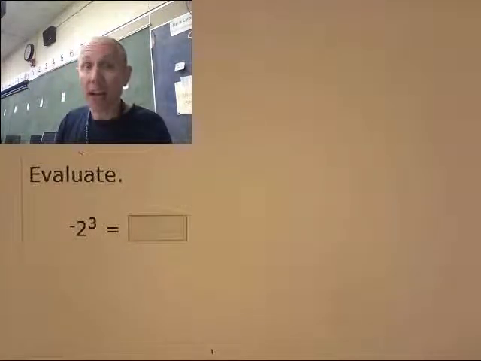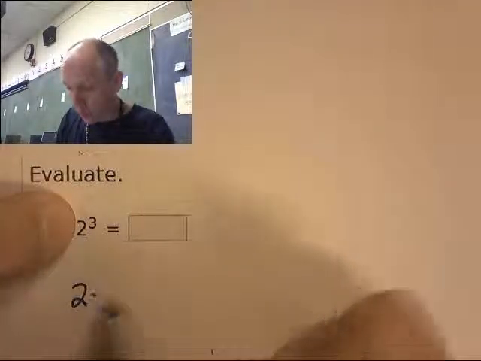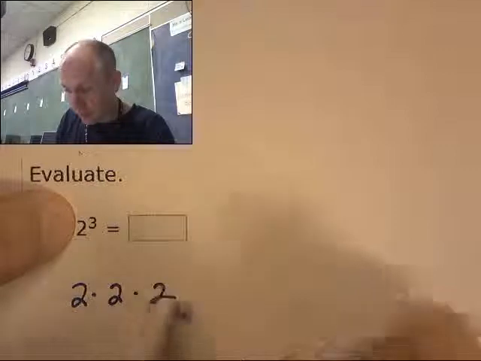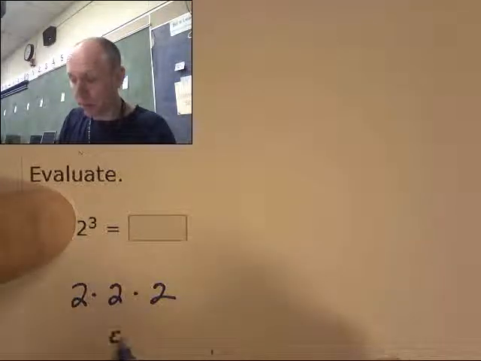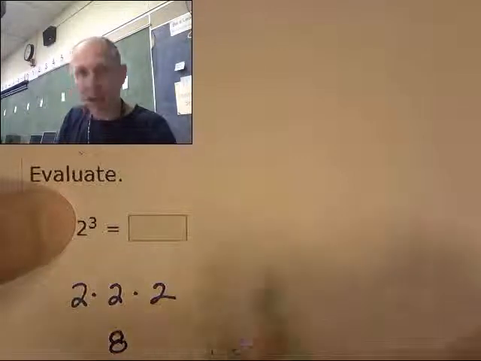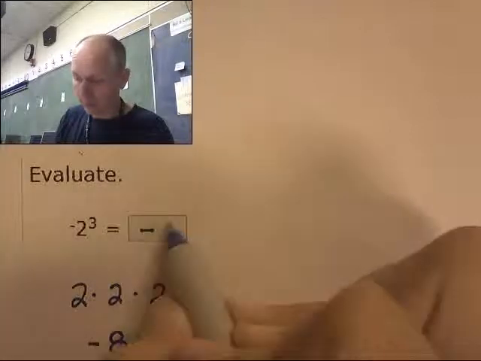If I don't have parentheses, I'm going to ignore the negative and write the base out. 2 to the third is 2 times 2 times 2, and that is 8. And now I'm going to remember the negative, negative 8.